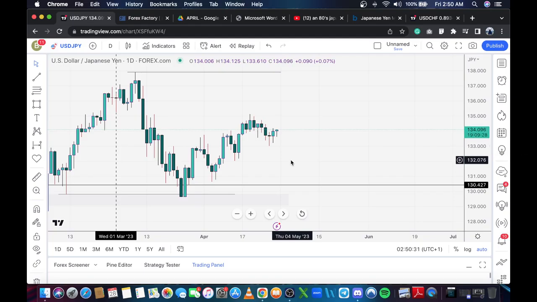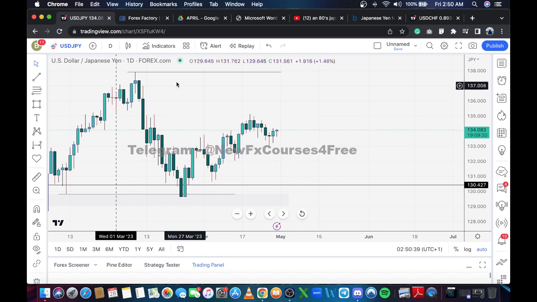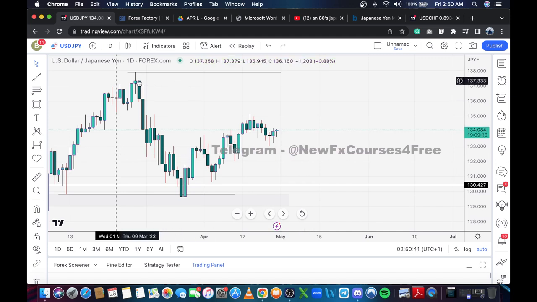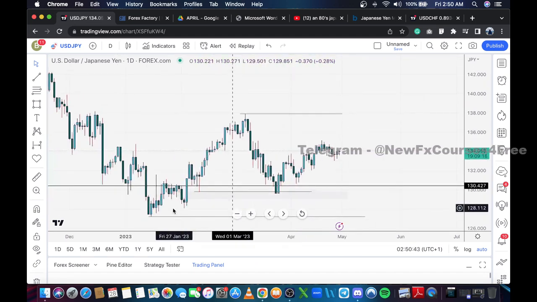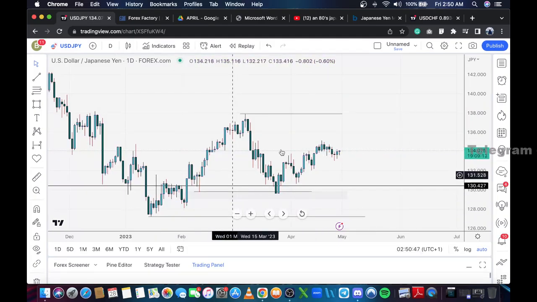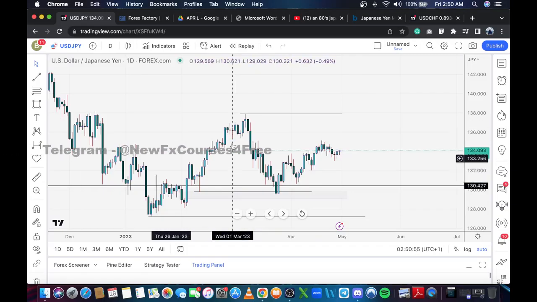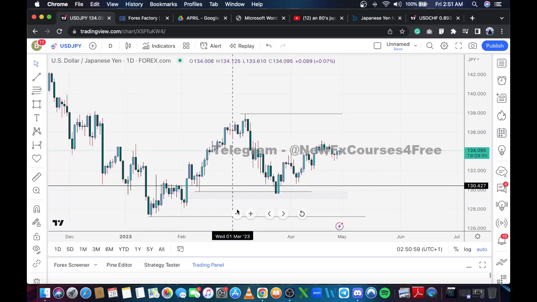Okay, so by casting back, it also helps us identify the quarterly shifts. Now, the reason why I'm anticipating that USDJPY should most likely trade up here versus trading down here is because if you look at the last quarter, so last quarter is again using your IPDA data range. Current month right now is April. Last complete month is March. So if you look back, where did we have a quarterly shift?